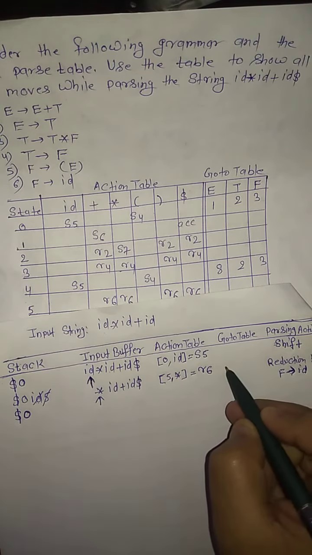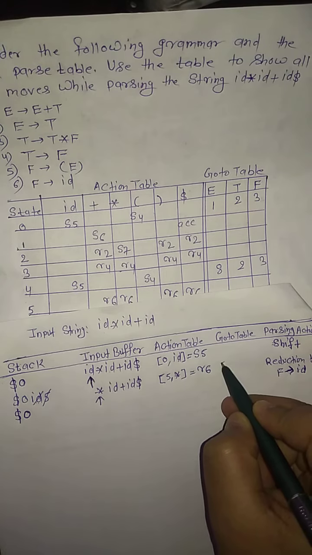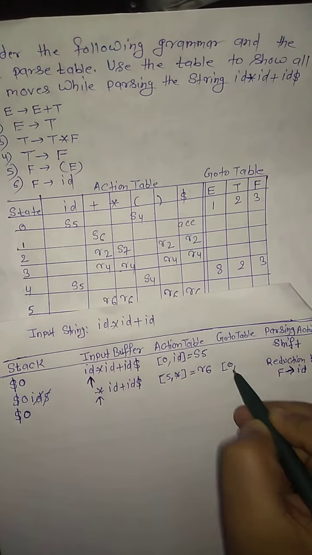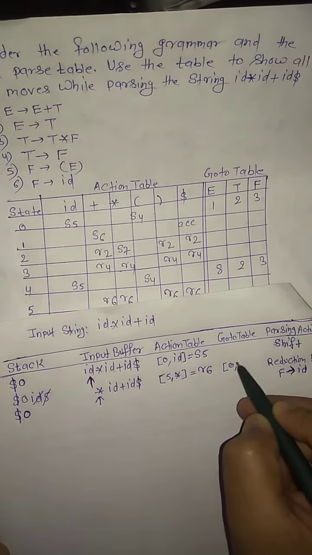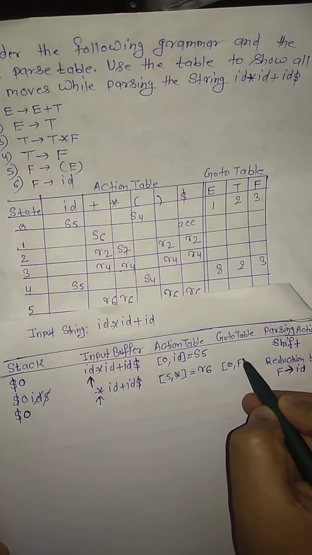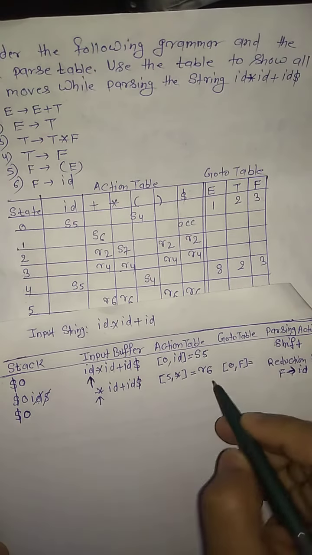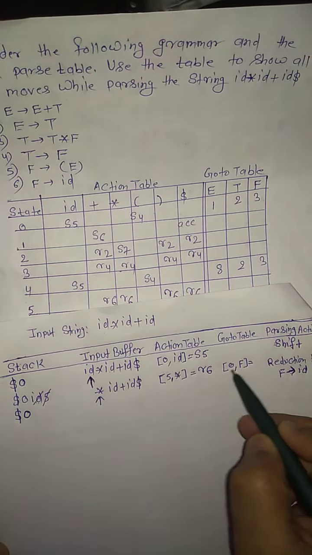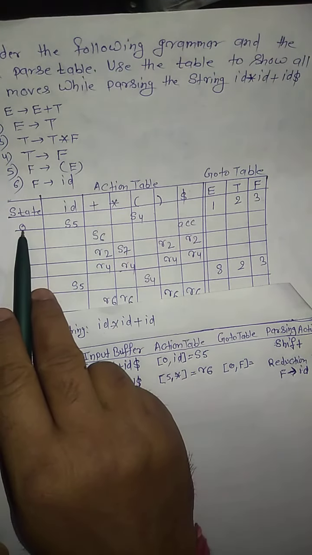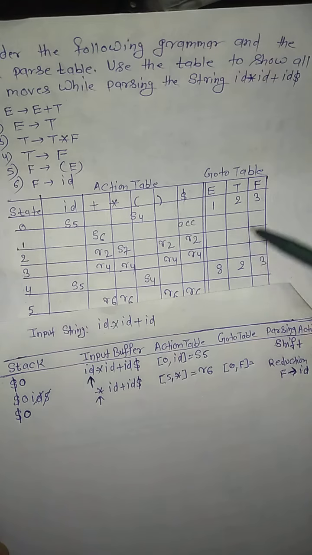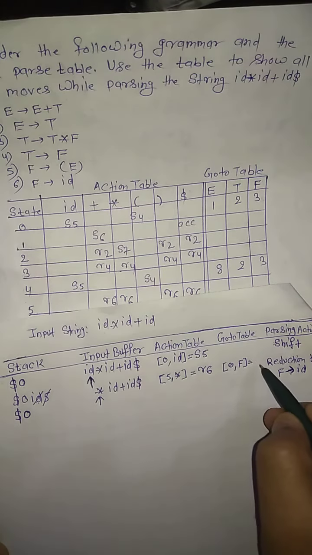The top of the stack is 0, so you write here 0, and what is the head of this production? The head of this production is capital F. Now we have 0, F. So you go to the parsing table, and in the parsing table, 0th row and F column, we have 3. So you write here 3.